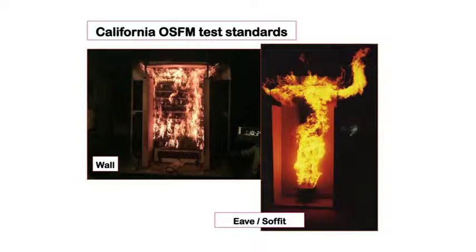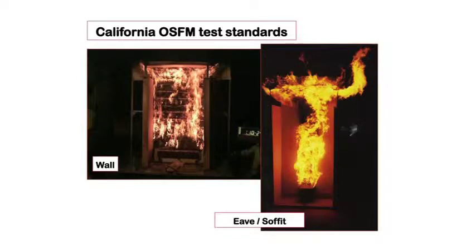So let's talk about some of the state tests that are tied to the building code. There are tests for siding, for eave or soffit materials, for decking, and for windows. So this is a test of the wall. You see it's a burning wall.